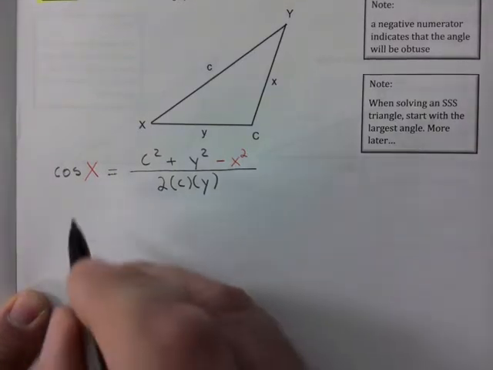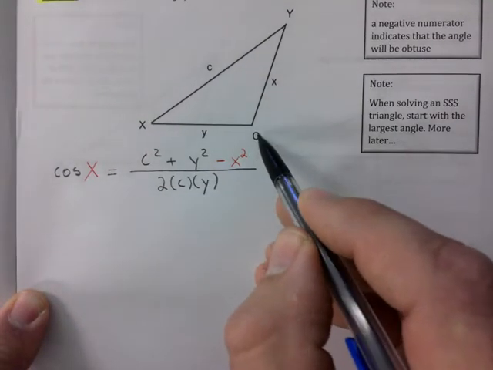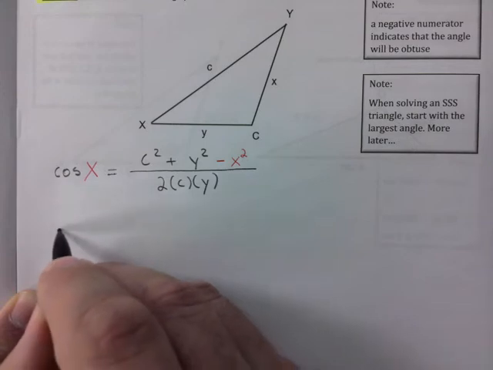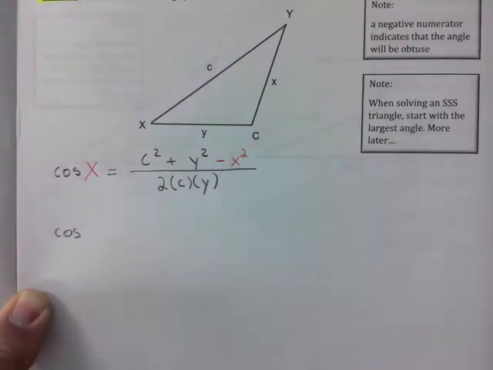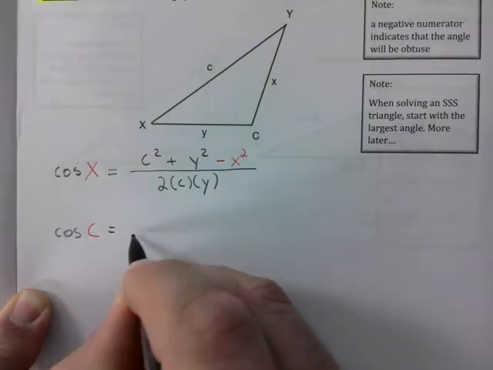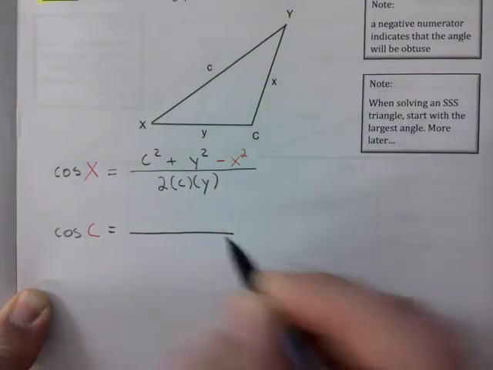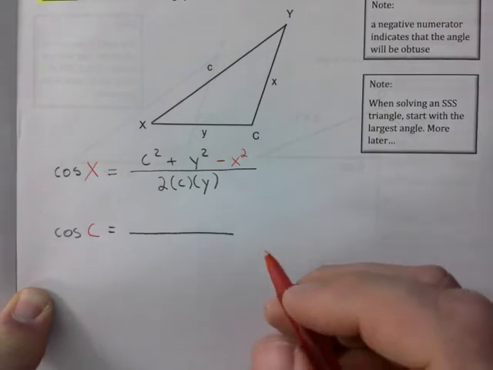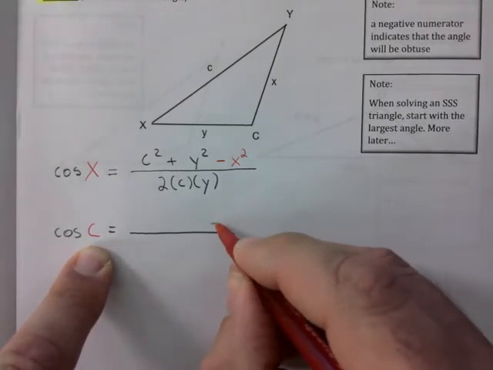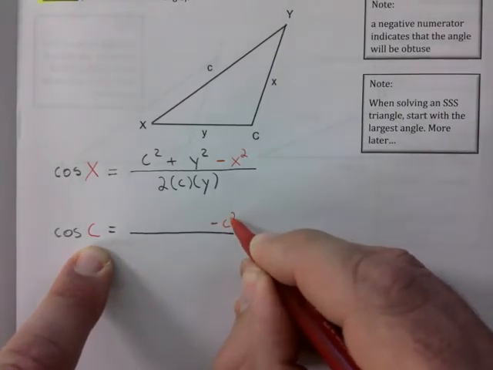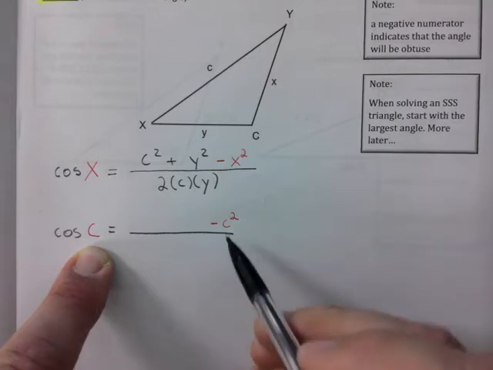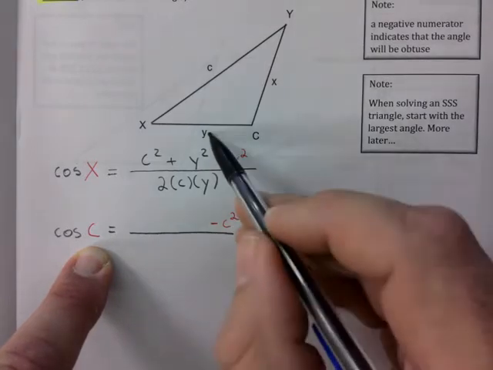Let's do another version of it. Let's say you wanted to solve for angle C here. That would be cosine of C, okay, is equal to, what's the first thing you're going to write down? You guessed it, minus C squared, okay? And then you grab the other two sides.